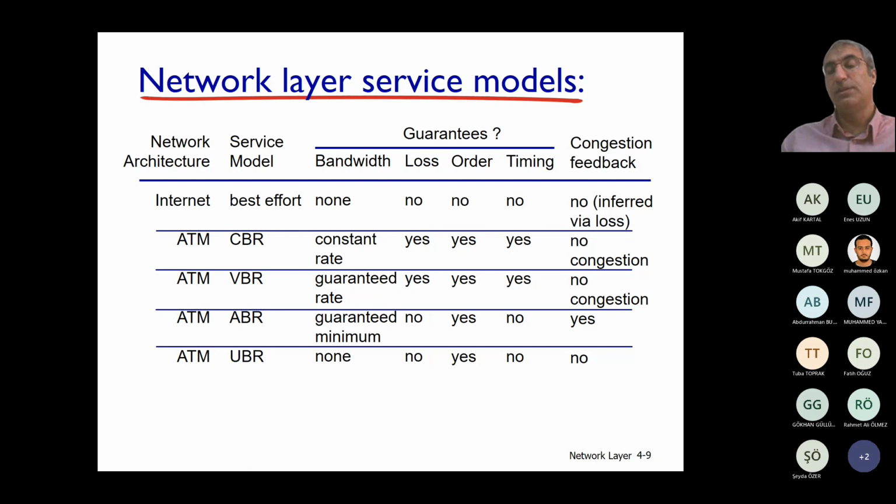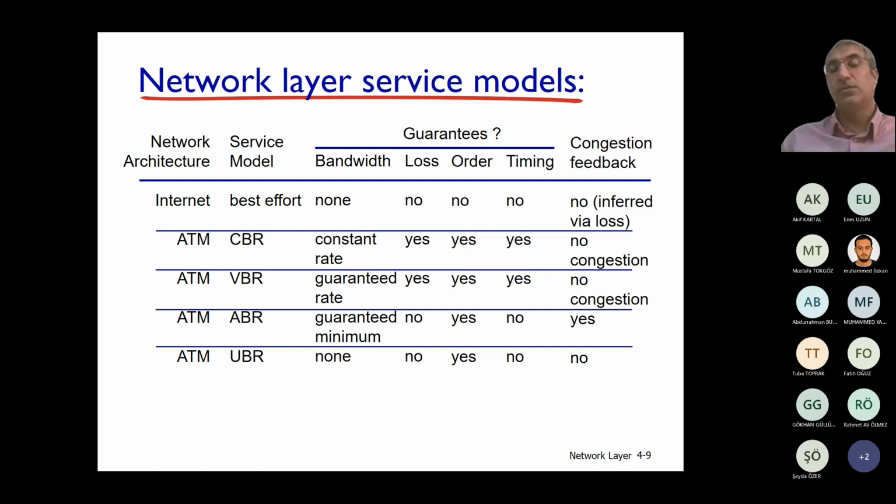It tries its best, basically, because each packet can take a different path to reach the destination. Congestion feedback? No, we don't have this kind of feedback from receiver to sender, but we can infer the congestion via packet loss or delay.